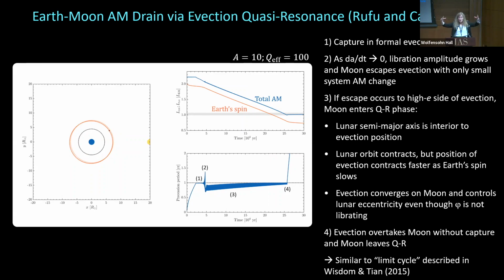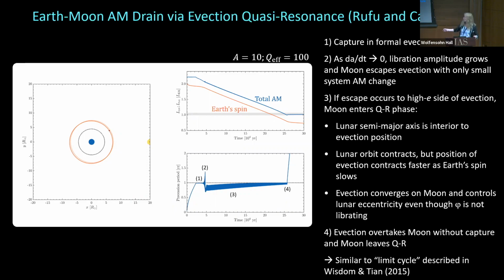The position of evection is actually converging from the outside on the moon's orbit. And so evection maintains the moon's eccentricity at a high value, even though the moon isn't formally librating in resonance. This continues until finally evection crosses over the moon, and then the moon gets outside evection, this quasi-resonance period ends, and the Earth-Moon system goes about a standard two-body evolution.